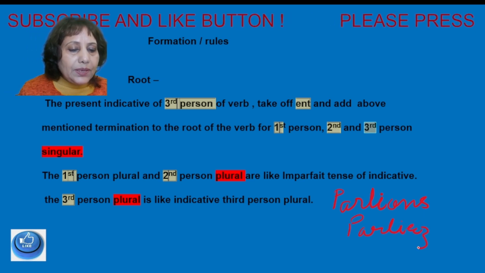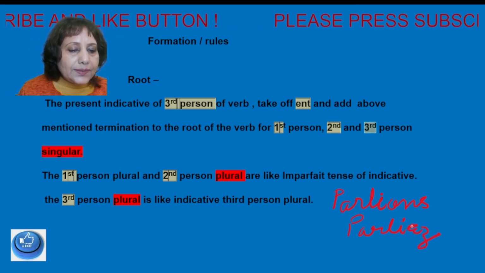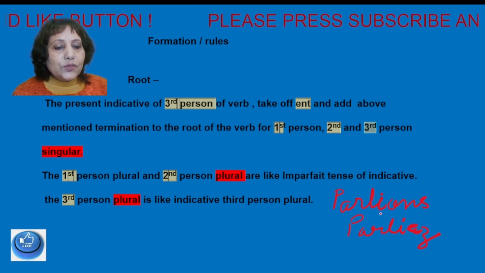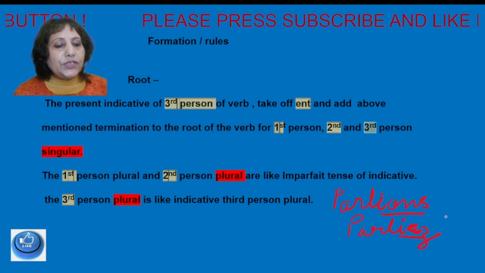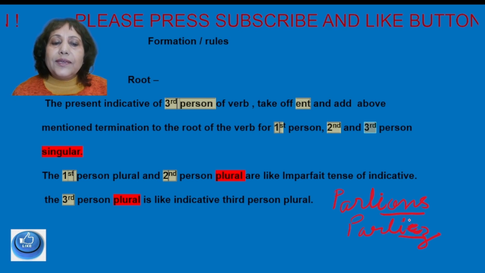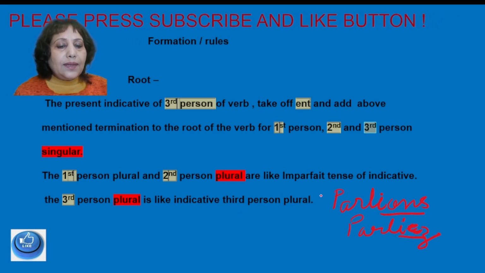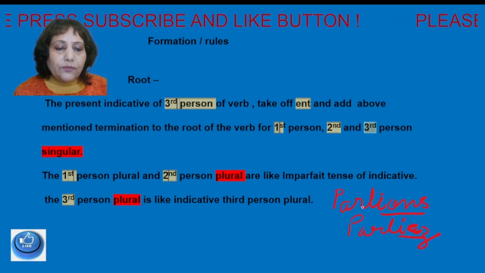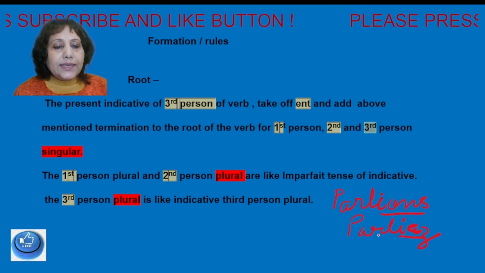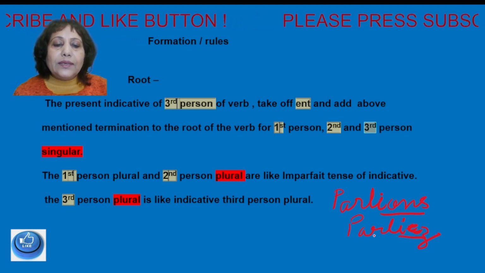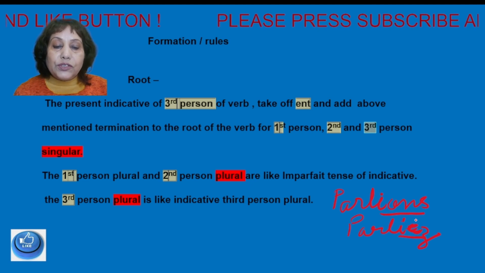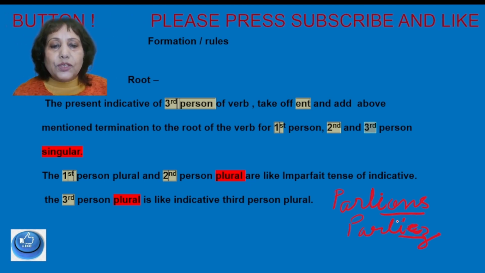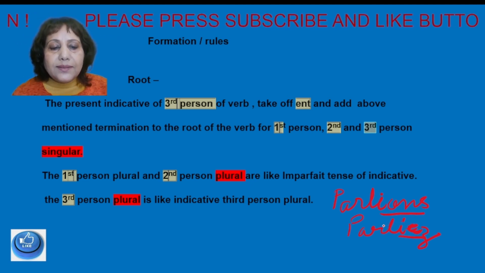This is the same in the imperfect tense. Alright, so this is the termination which we have in the imperfect tense for the first person plural and second person plural. Alright, so these are the changes, and that's why sometimes it becomes a little difficult for the new learner.